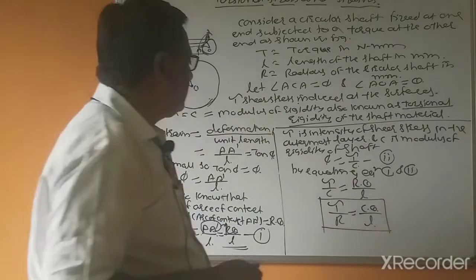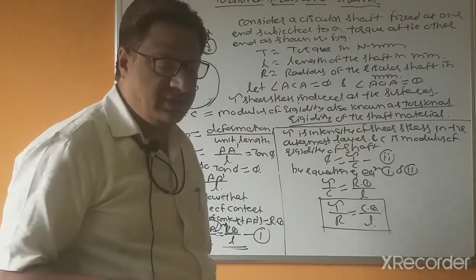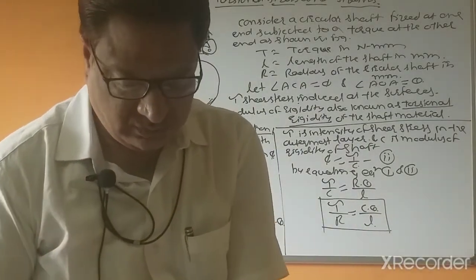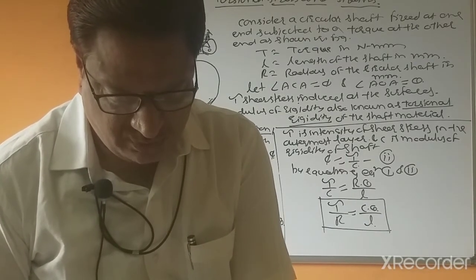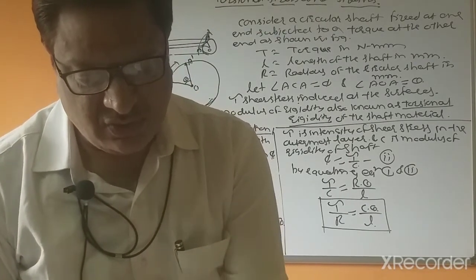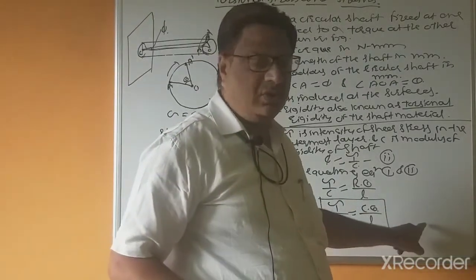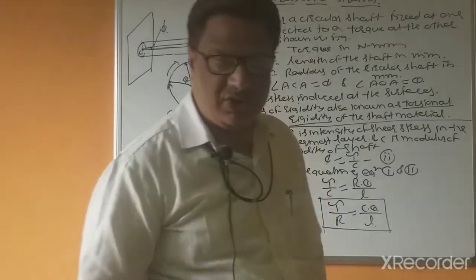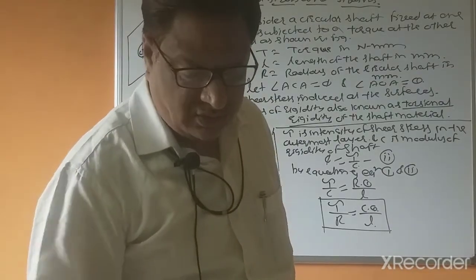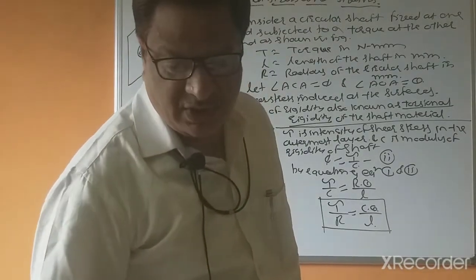So the relation tau divided by R equals C theta divided by L is important. Actually, in the torque equation, tau divided by R, C theta divided by L is equal to T divided by polar moment of inertia. That we will see; that is the polar moment equation.